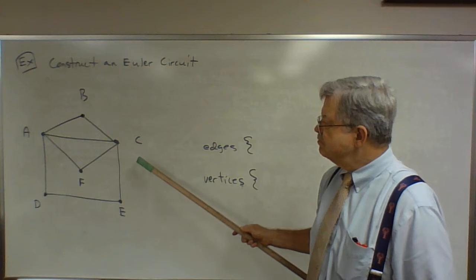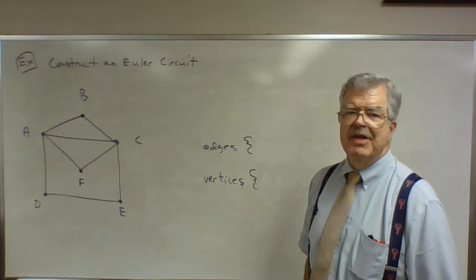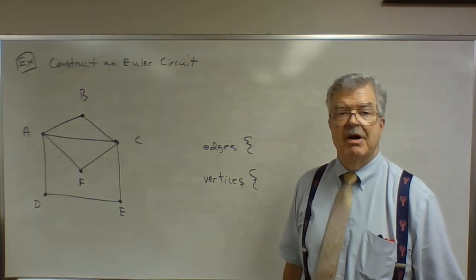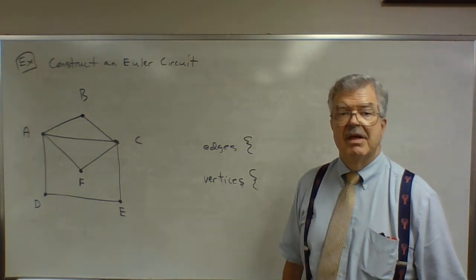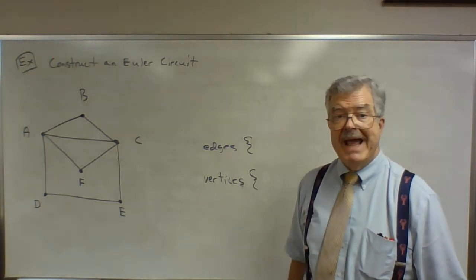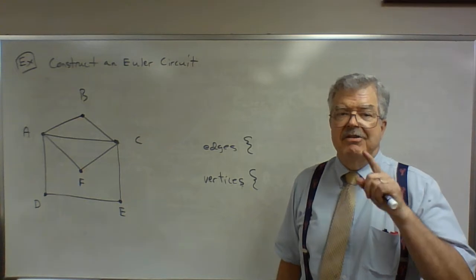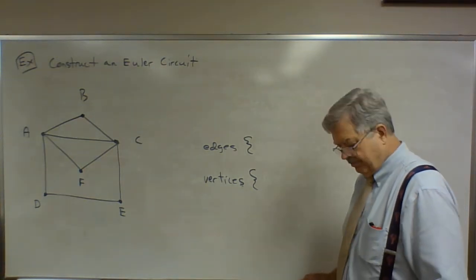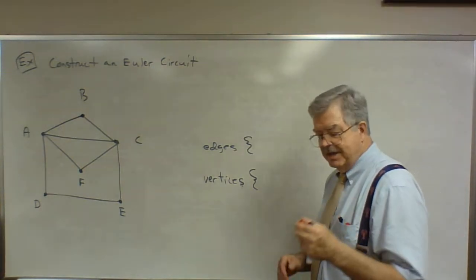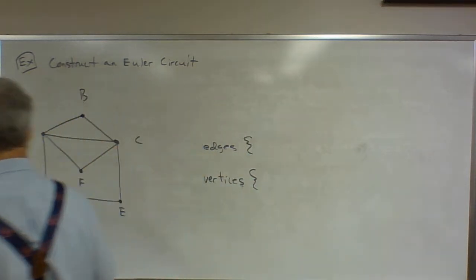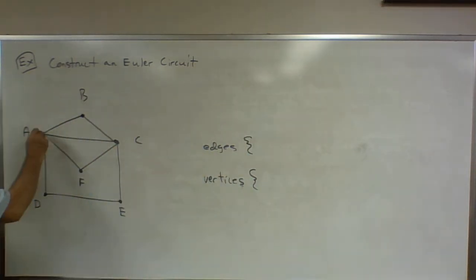This one, for some reason or other, I think I might be able to draw an Euler circuit. That is, an Euler path that starts and ends at the same vertex. So let me give it a shot and see what happens. I'll go from A to B, and I got this edge covered.